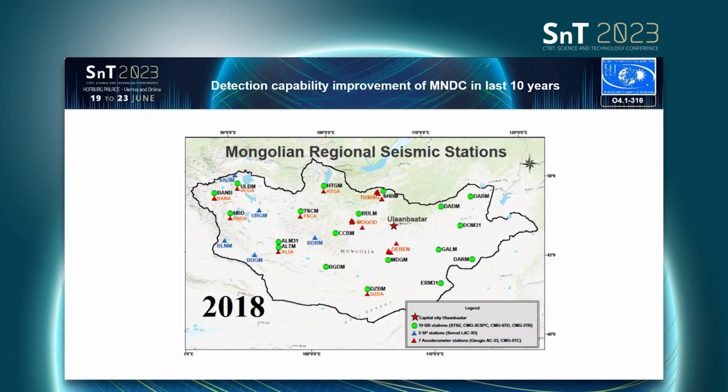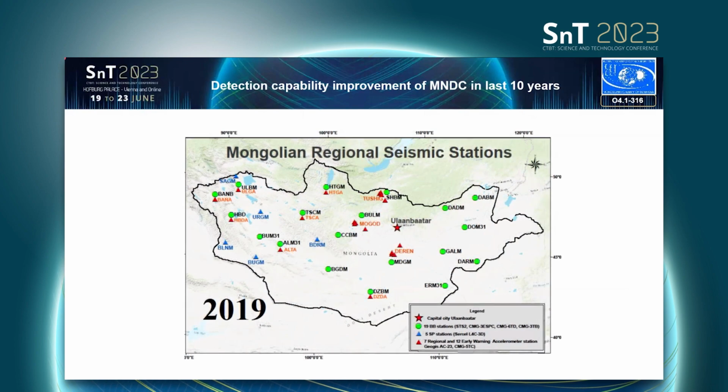Then in 2018, short period stations were installed on the west side of Mongolia, because the west side is more active; seismic activity is higher than in the east. In 2019, we installed a lot of accelerometer stations. And in 2021, on the north side, next to the lake, we have another station installed.